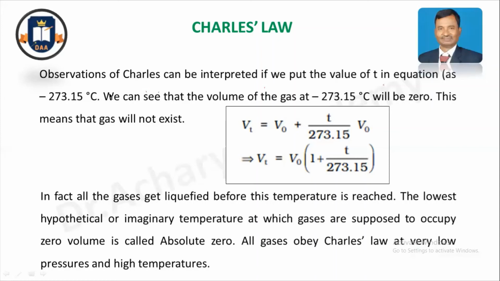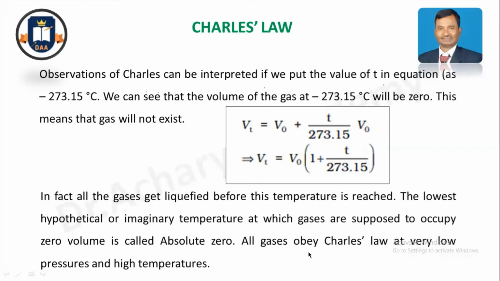That means before this temperature reaches minus 273.15 degrees Celsius, the gas is converted to the liquid form. The lowest hypothetical or imaginary temperature, if we consider further down, at which the gas is supposed to occupy 0 volume, this is called the absolute 0.